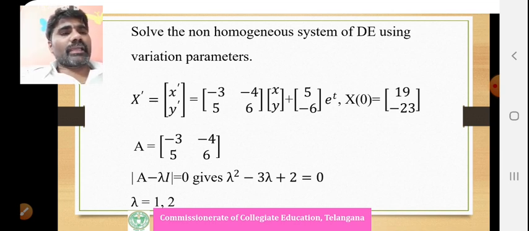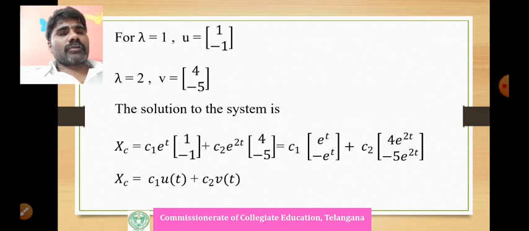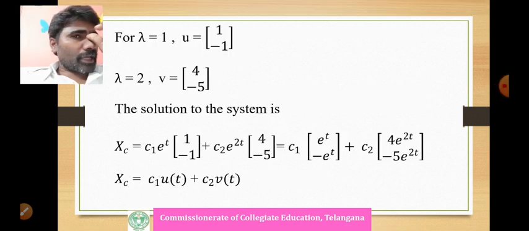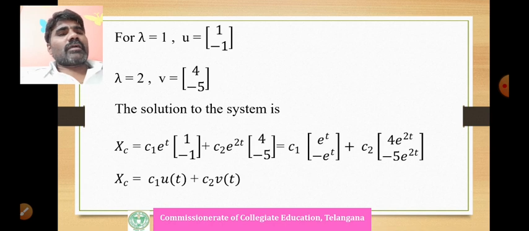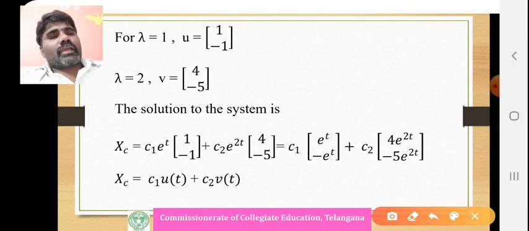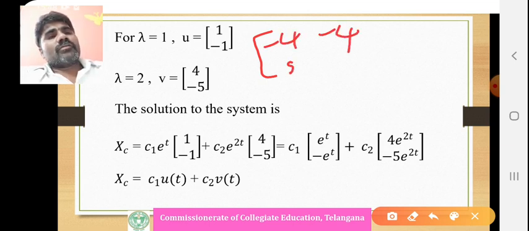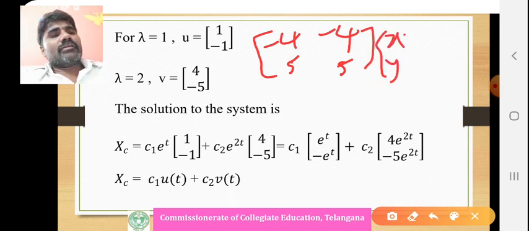Now we can determine the eigenvectors corresponding to the eigenvalues. For lambda equals 1, we solve A minus I into x equal to 0. A minus 1 becomes minus 3 minus 1, minus 4, 5, 6 minus 1, this becomes 5, into x, y equal to 0, 0.